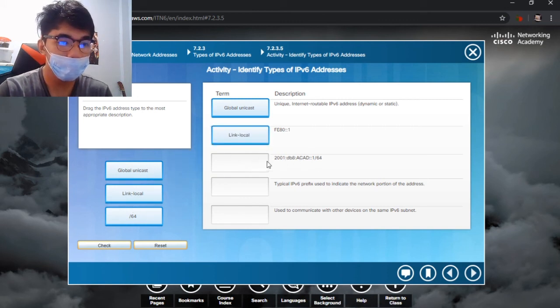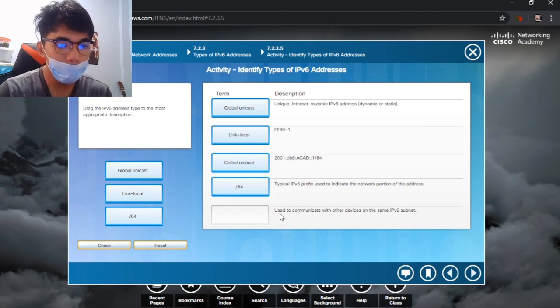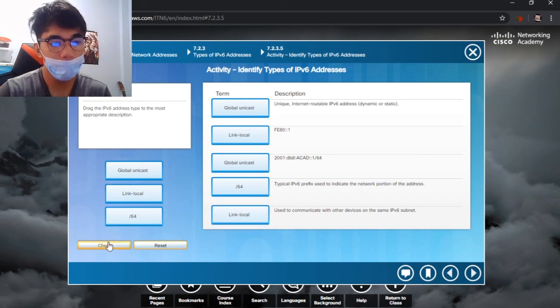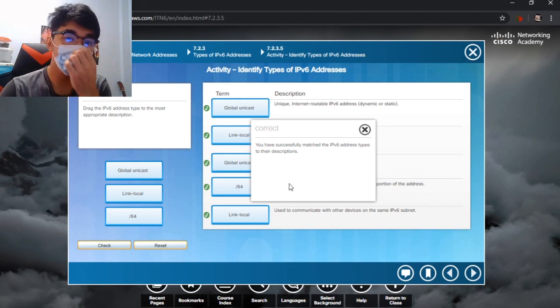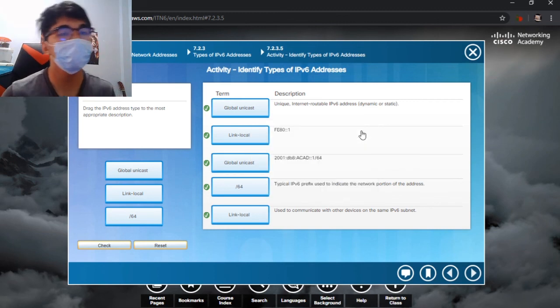Another one would be a global unicast, the typical IPv6 prefix, this one. Used to communicate with other devices on the same IPv6 link, that will be a link local. Then let's check. As you can see, all my answers are correct, and that's the preview of the chapter 7 tutorial.